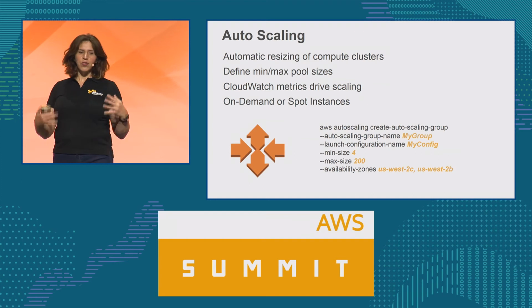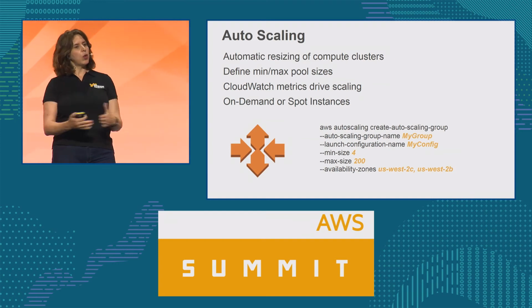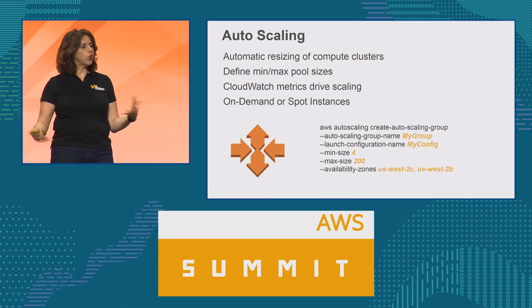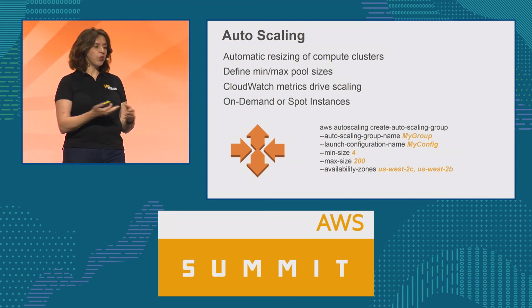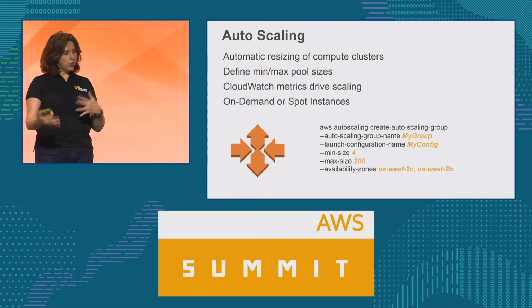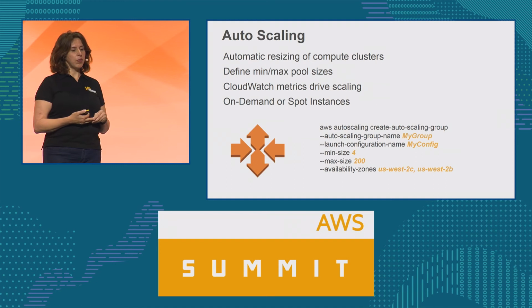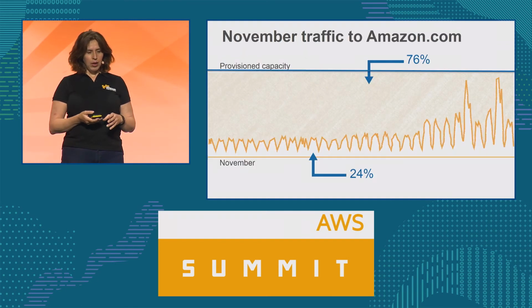CloudWatch is the engine that's watching what's happening on the instances and noticing when you hit those thresholds of performance or throughput that you want to trigger that scaling activity. And you can also integrate autoscaling with spot instances or on-demand instances. So you can use those different instance types in order to autoscale out.